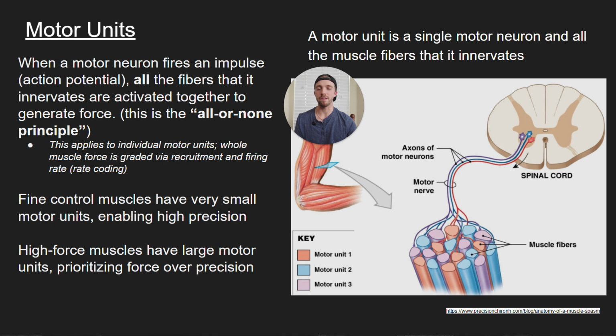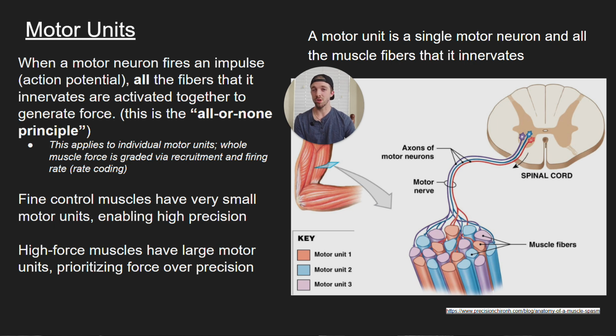This is our functional unit of the neuromuscular system. A motor unit is commonly defined as a single motor neuron and all the muscle fibers that it innervates. So you have one motor neuron coming from your spinal cord that will attach to multiple muscle fibers. Some motor units will have a lot of muscle fibers.